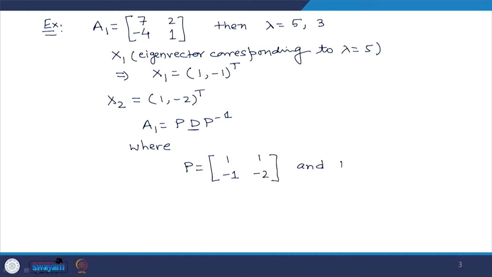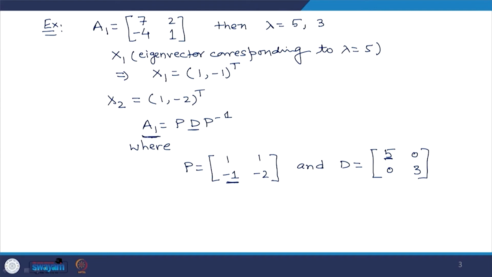And here D equals 5, 0, 0, 3. Just note that I am taking 5 here because I have written the eigenvector corresponding to lambda equals 5 as the first column. If you interchange these two columns, then D will become 3, 0, 0 and 5, and if you calculate P D P inverse, it comes out to be A1.